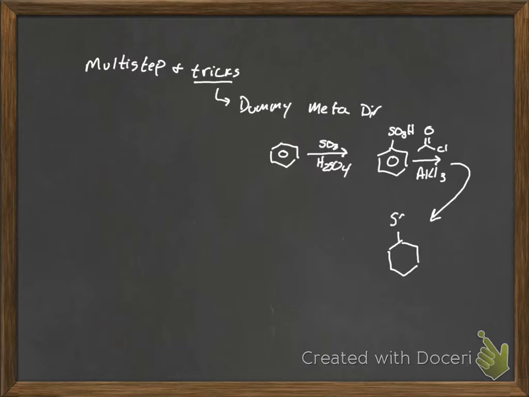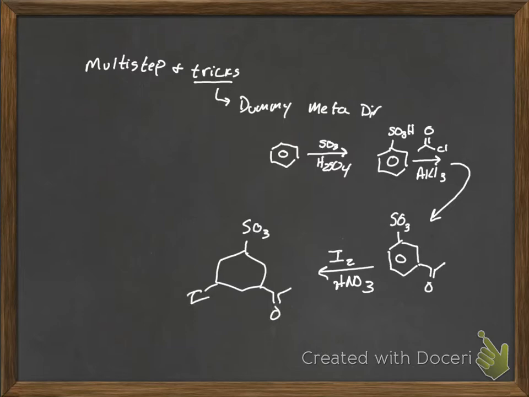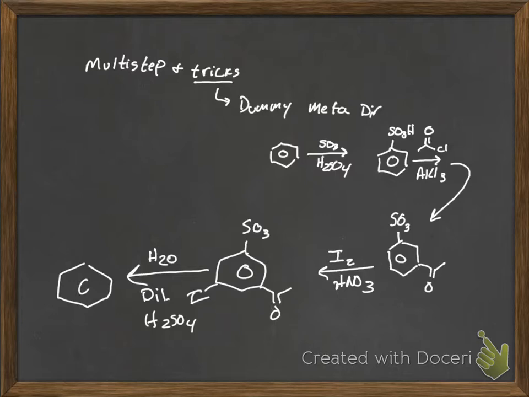So now we have this, and now we can iodinate it, which puts the SO3 here, iodine there on the aromatic ring, and then you can get rid of the SO3 by reacting with just water and dilute sulfuric acid. The SO3 comes off the ring, and you go back to benzene.